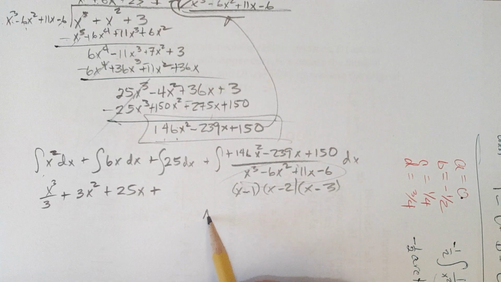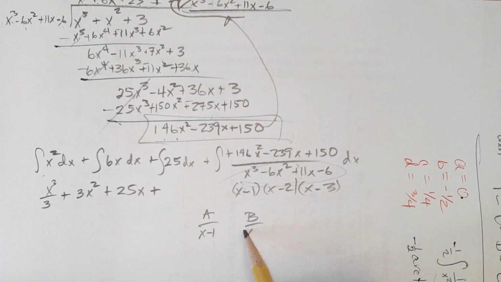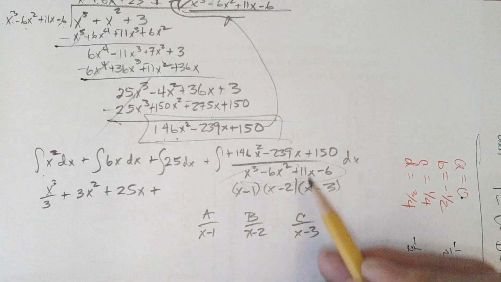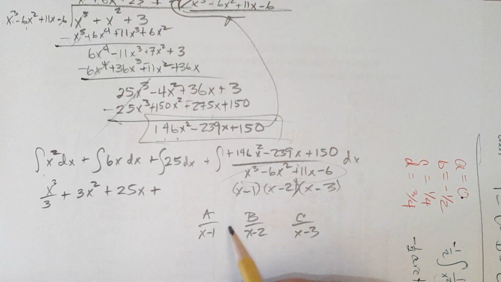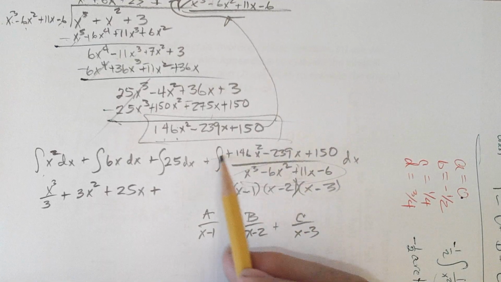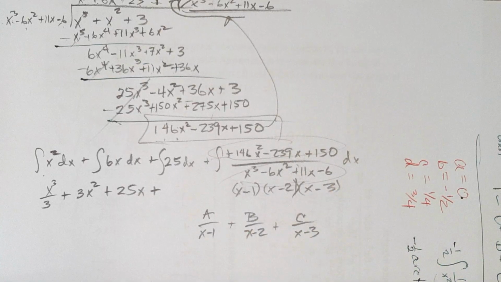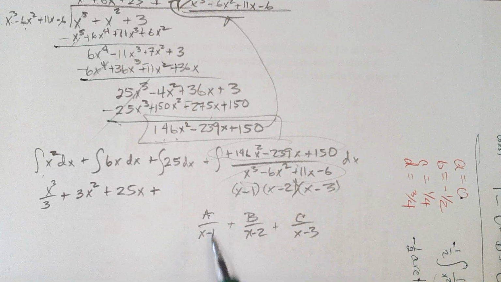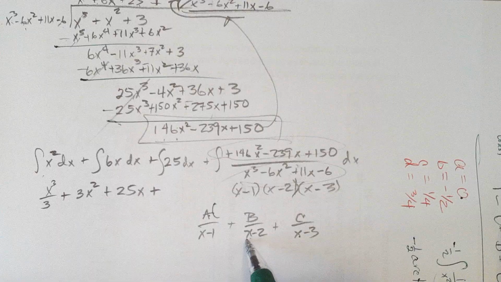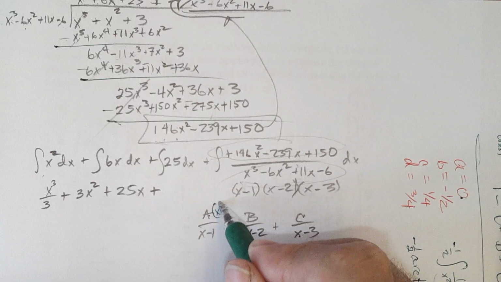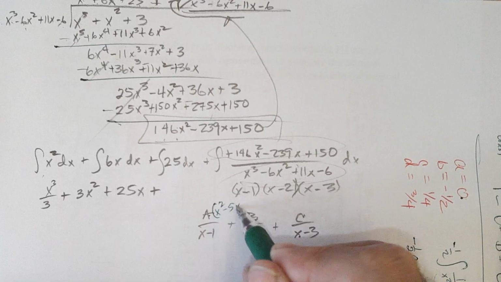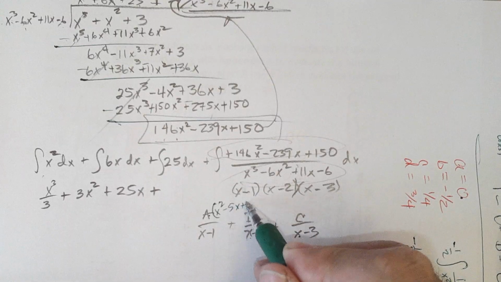So we're going to have A over x minus 1, B over x minus 2, and C over x minus 3. And it's got to be that in the numerator. This one is missing these two. Those multiplied are x squared minus 5x plus 6.